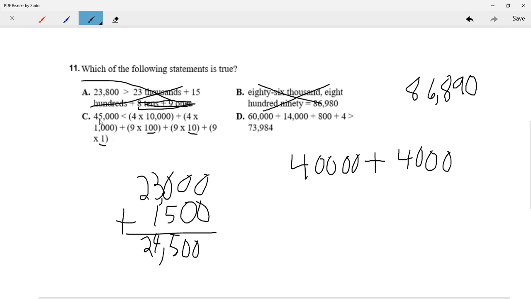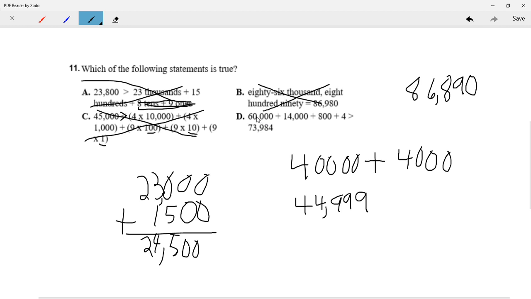This is going to be 44,000 something. So it's actually 44,000 and then the rest are 9, so it's 44,999. 44,999 is greater than 45,000? That is incorrect. 45,000 is definitely greater, so this one is wrong. So D, by process of elimination, should be right.